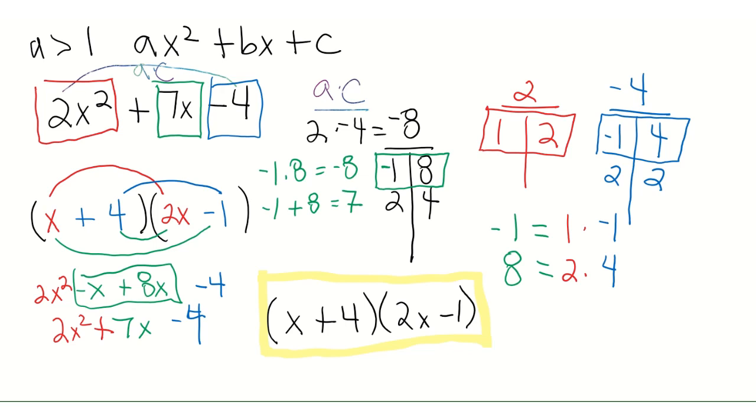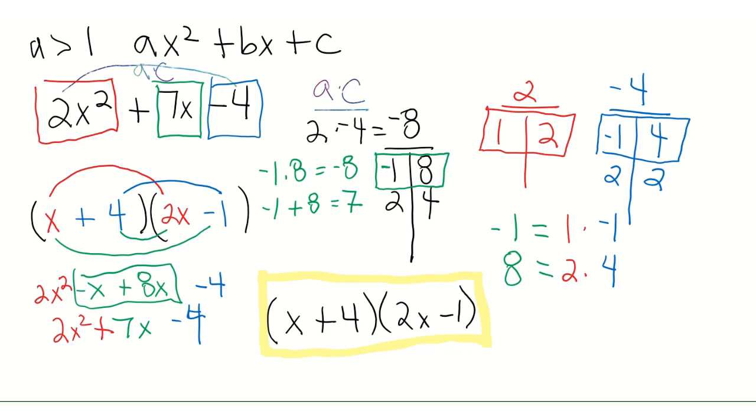So just to review, when your a is greater than 1, you're going to multiply the coefficient on your a times the coefficient of your c. You're going to get those factors, and you want those factors, when you add them up, to equal your b.